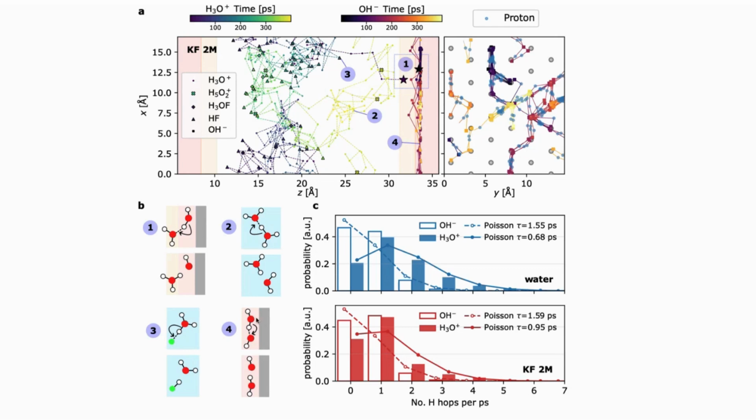Basically a surface absorbed water molecule can donate a proton to the hydroxyl. One can also characterize the proton transfer rates for these reactions. Essentially the hydronium is much more mobile and its residence time is a little bit smaller. Meanwhile, adding salt actually slows down the proton transfer rates.